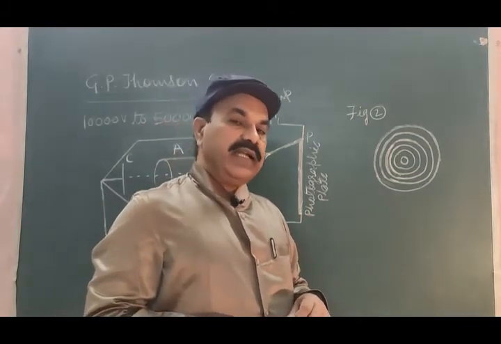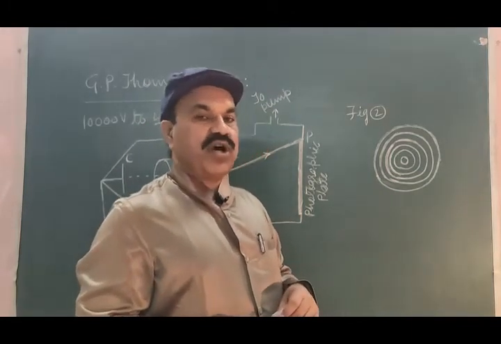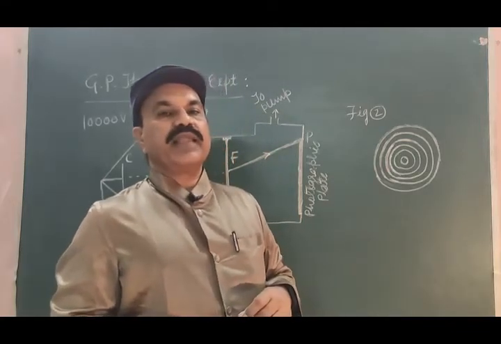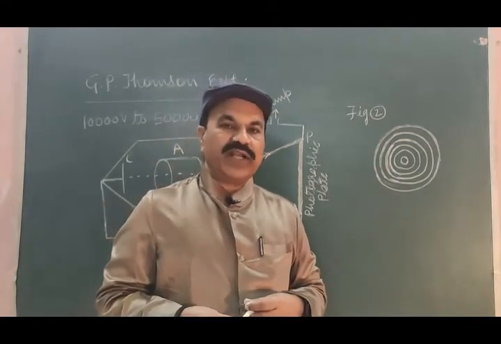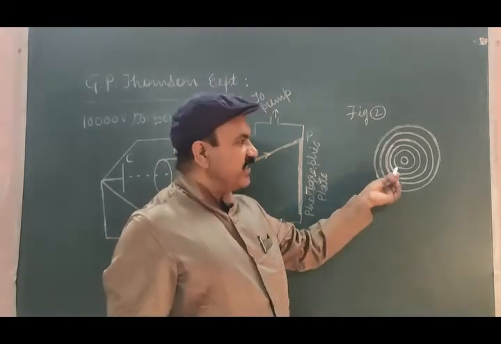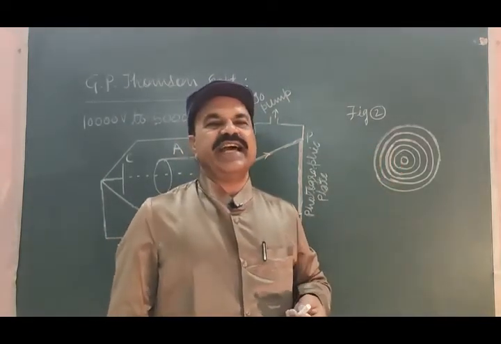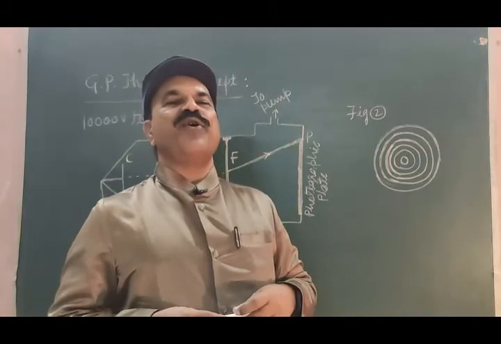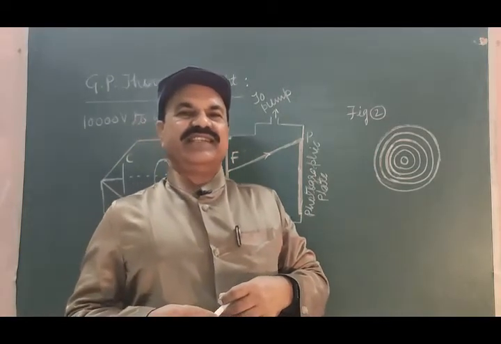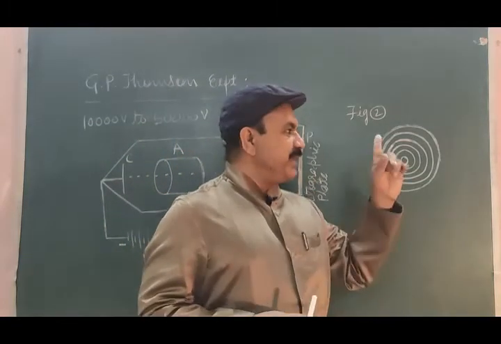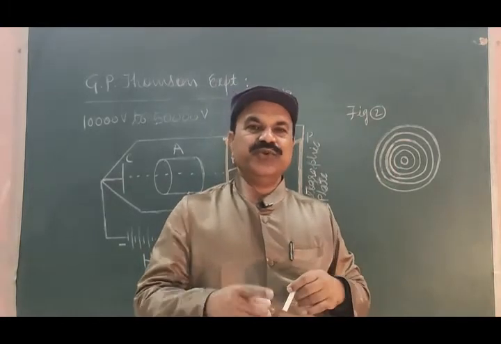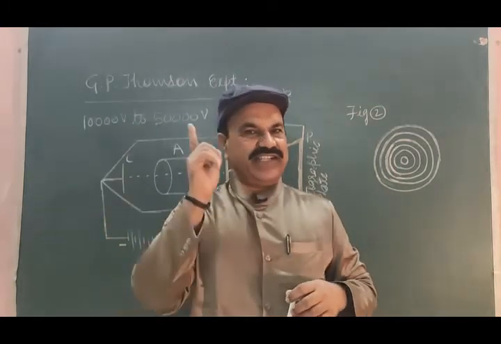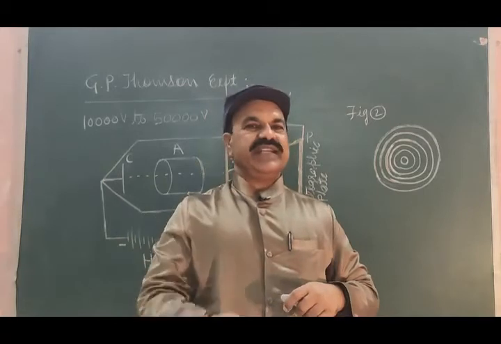When an electric or magnetic field is brought between the microfilm and the photographic plate, it was found that the diffraction pattern has been displaced from its place. It means that this pattern is due to electrons. It is not due to X-rays.